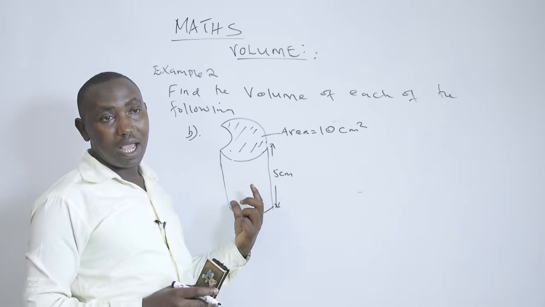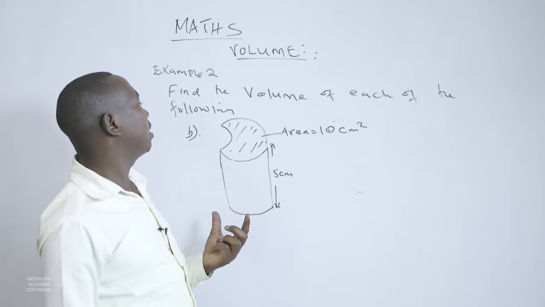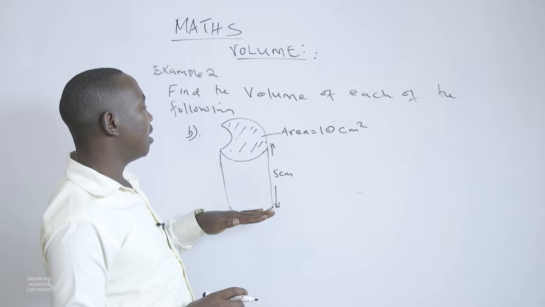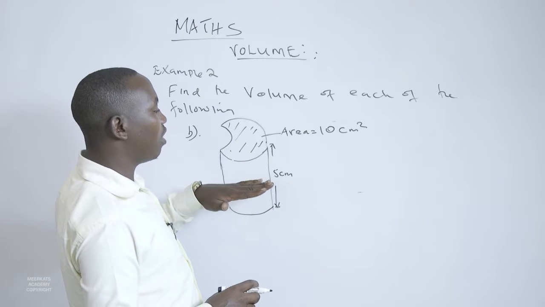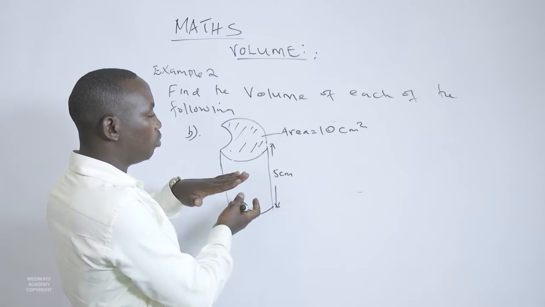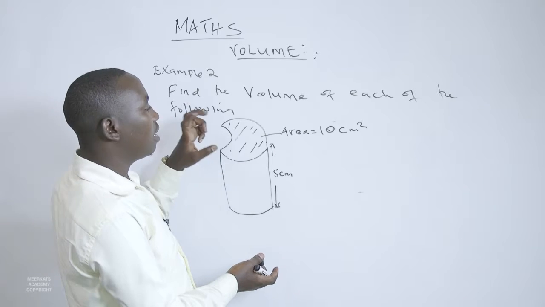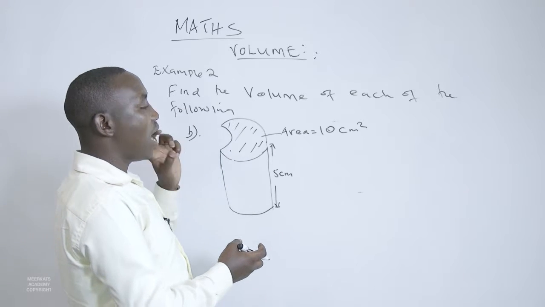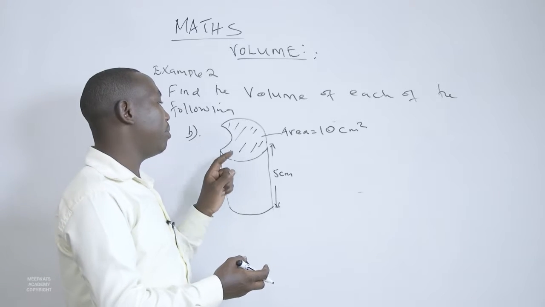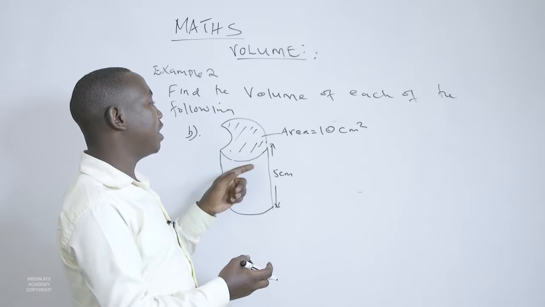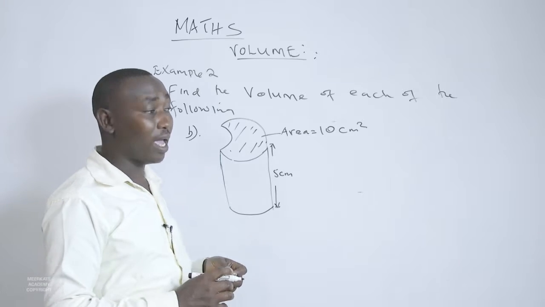You see, this piece of object has what we call the cross-sectional area, in the sense that if we cut along this edge or this side, we are going to have an equally similar surface to the one on top, and that forms its cross-sectional area.